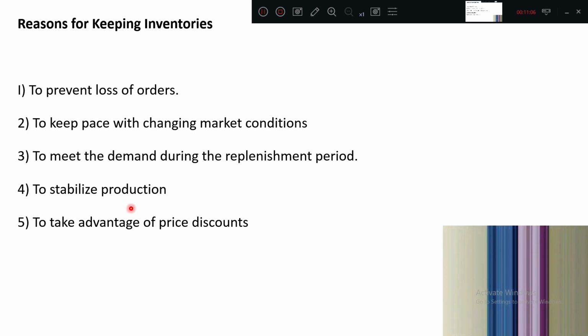Then stabilizing the production: more and more work suddenly comes for the next week, so at that time also you need inventory. Then to take advantage of price discounts: for a proper purchase with the purchasing document with the proper vendor, you can have more and more discount. So many things are there. To avoid and control them, you are keeping the inventory.